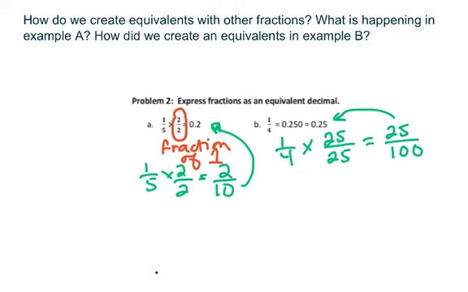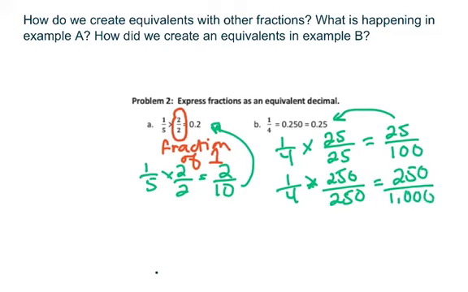Now you could also, if we have 250 thousandths, multiply 1/4 times 250 over 250, and that is where you would get 250 thousandths. Again, looking at these problems in a couple different contexts.